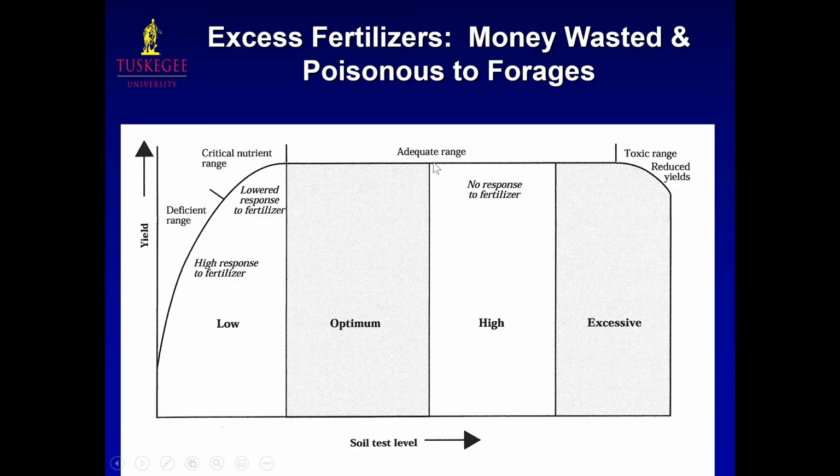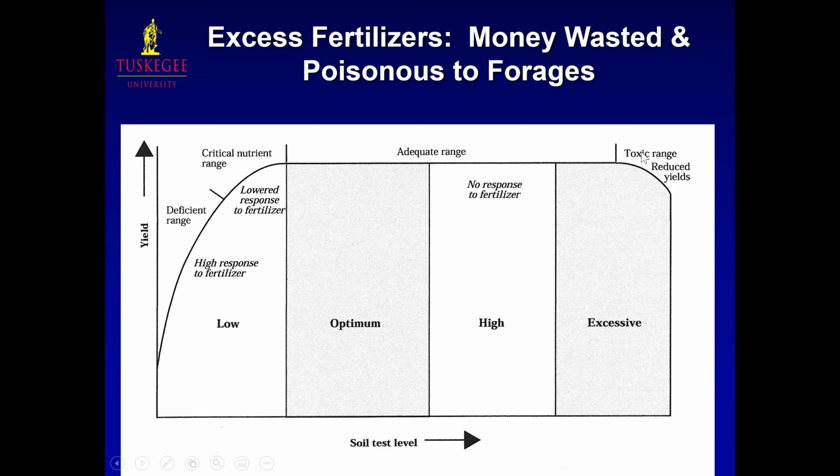If we go beyond this optimum level, there is no increase of forage production. So this will be just a wastage of fertilizer here in this region. And over here is the excess application of fertilizer, much beyond the requirement of forages, and at this level these fertilizers will act as toxic to these crops.